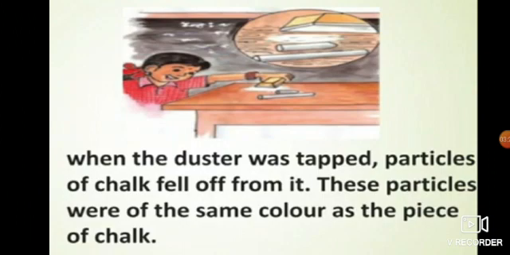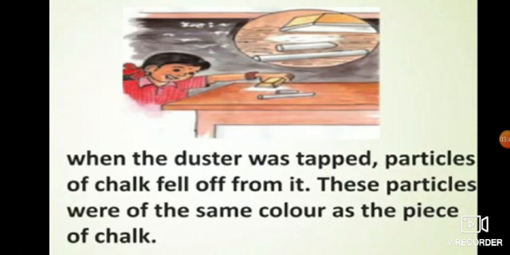What do you notice? When the duster was tapped on the window or on the table, particles of chalk fell off from it. These particles were of the same color as the piece of chalk.